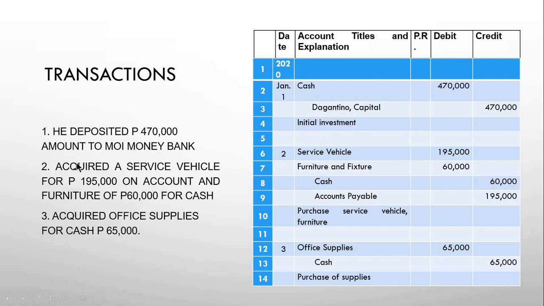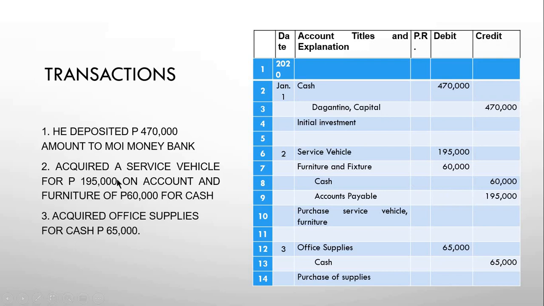For the second transaction, that's acquired a service vehicle for 195,000 on account and furniture of 60,000 for cash. So bumili ng service vehicle na 195,000 on account, so inutang niya, so debit service vehicle, credit accounts payable. Again, this is a source of asset. 195,000 kasi inutang niya.